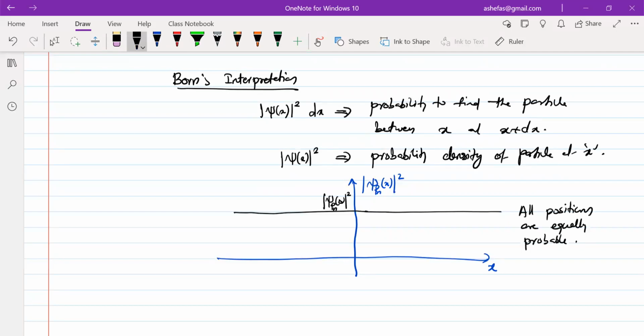So that means there is no exact location and no exact position for the particle. Whereas the momentum eigenfunction has an exact momentum.